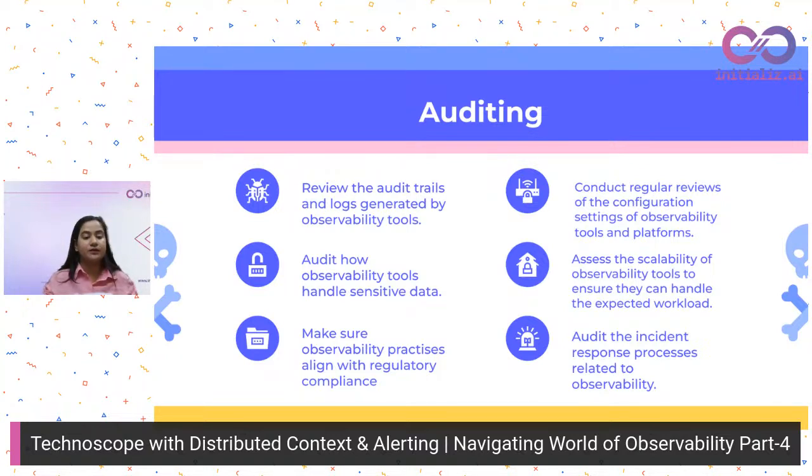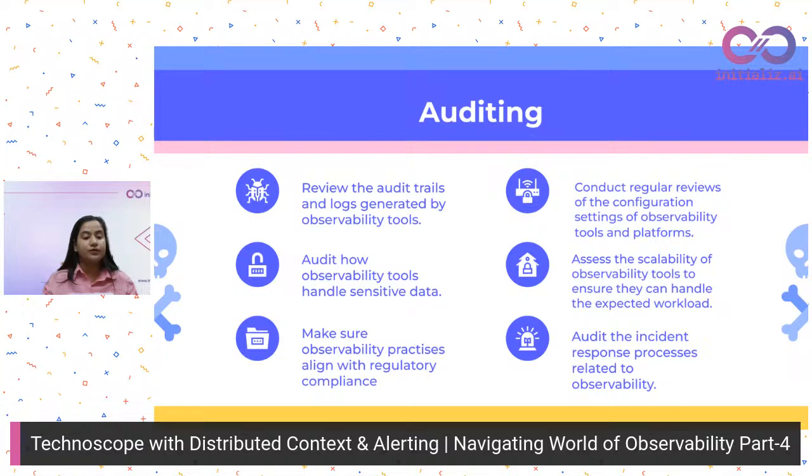So, reviewing the audit trails and logs generated by observability tools. These ensure that the captured logs are relevant to user activities, configuration changes, and access attempts. It also verifies the integrity of log data to maintain a reliable audit trail.